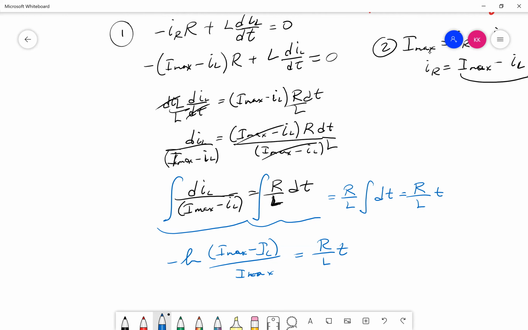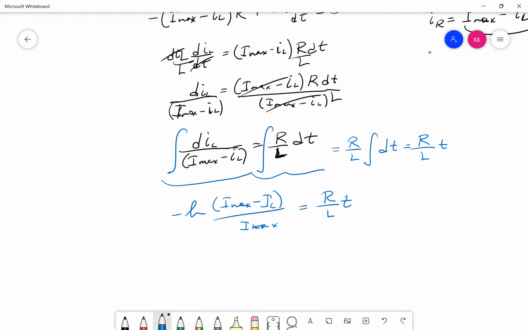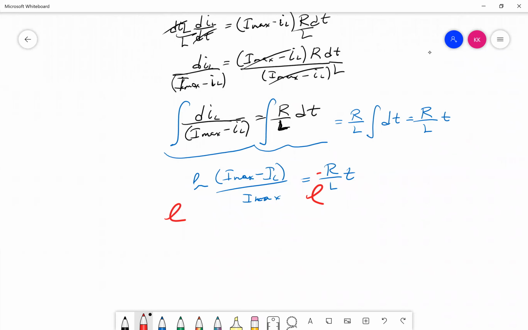If we rearrange this, and take the e of both sides, also incorporating the negative, my solution for the current through the inductor is equal to the maximum current, times 1 minus e to the negative R over L times t.